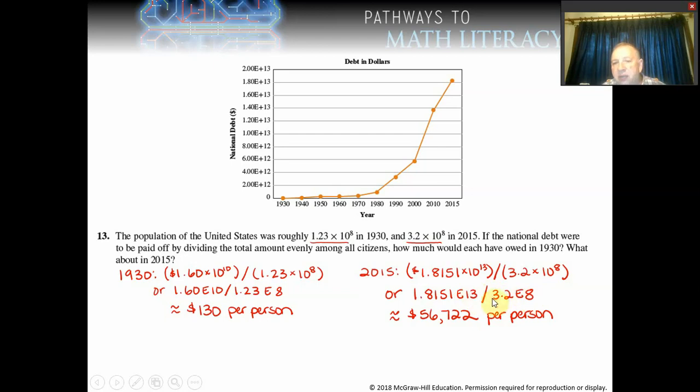You're going to have approximately 5 zeros, 1, 2, 3, 4, and this is a little larger, so that would have been like the 0.56. So $56,722 per person is what each one of us contributes to the national debt.